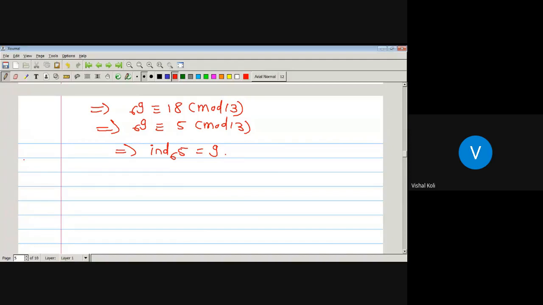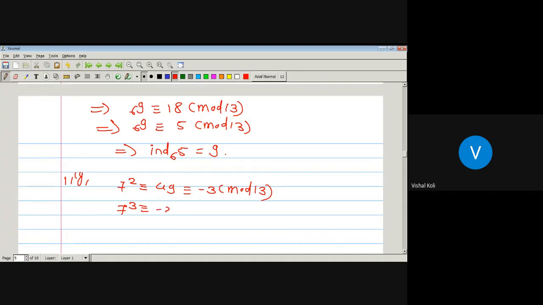Okay, similarly, 7 square will be 49 over modulo 13. What is the value of 49? Minus 3. Minus 3 modulo 13. Therefore 7 cube is congruent to minus 3 into 7, minus 21 over modulo 13.